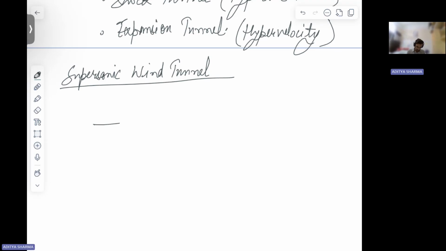Initially, you have a reservoir where you have some pressurized gas.